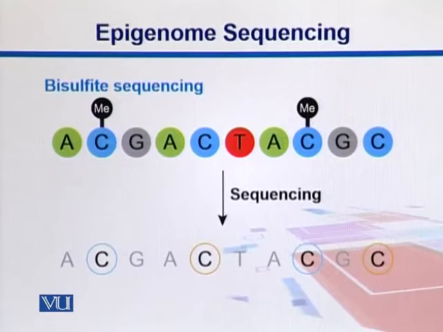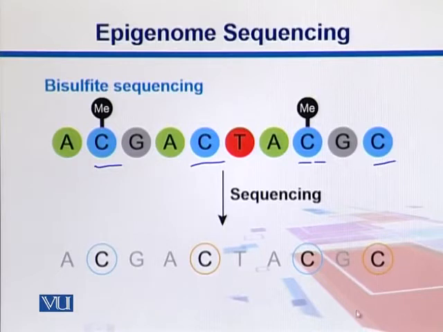So in bisulfite sequencing, we take these regions where we suspect that methylated cytosines are present. For instance, if we see here, we have this C and this C which are methylated, whereas these two are not methylated. We sequence them, and we also treat similar molecules with bisulfite.